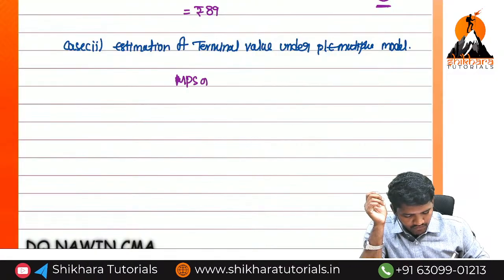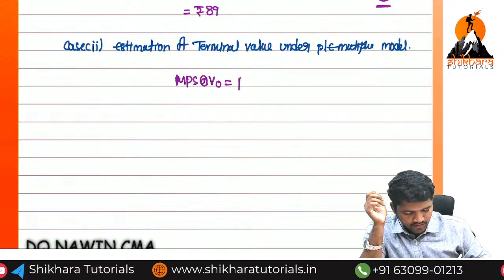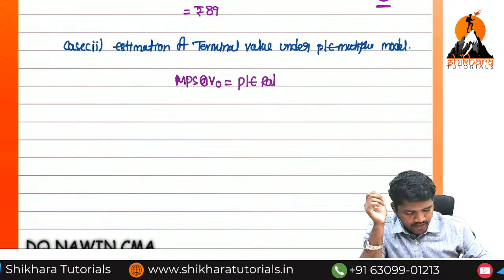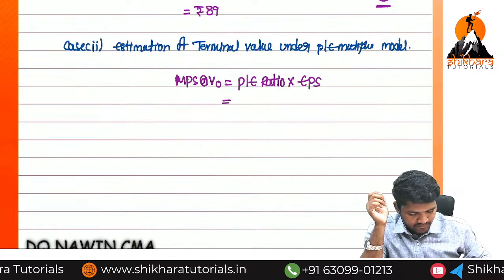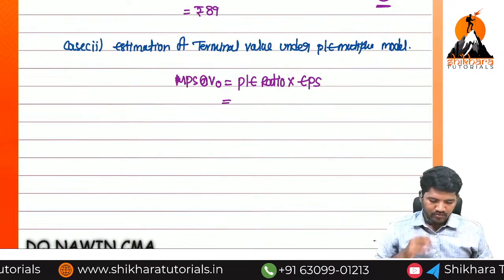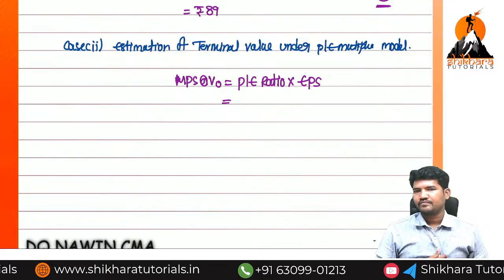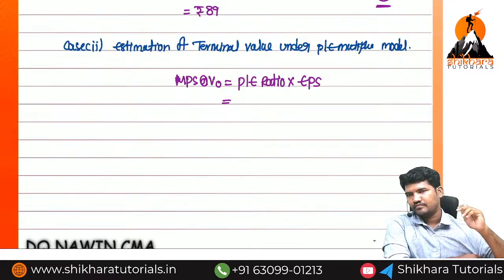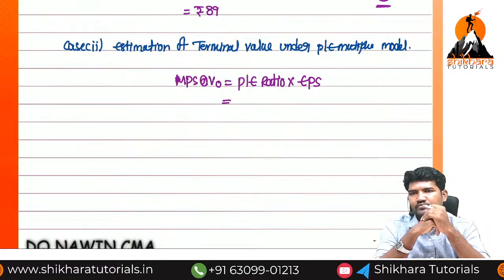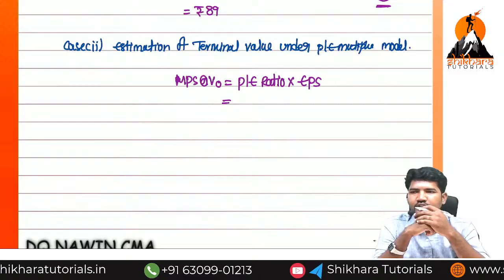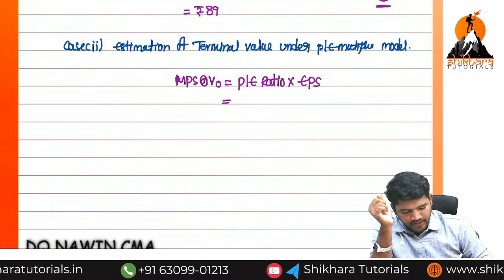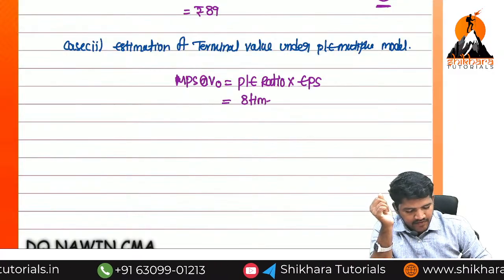MPS or V naught equals PE ratio or PE multiple into EPS. PE ratio into EPS. So what's the PE ratio given in the question? 8 times. What about the EPS given in the question? 12.